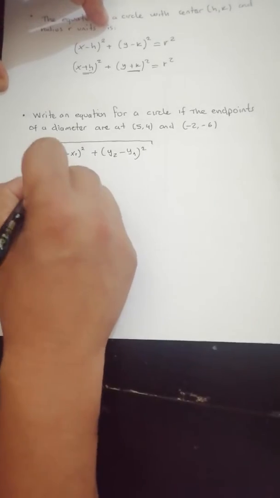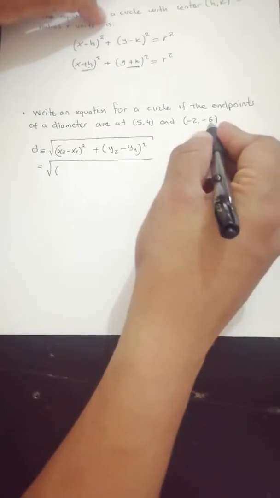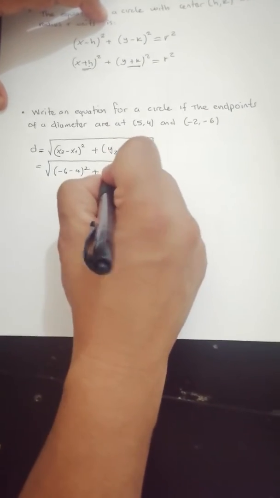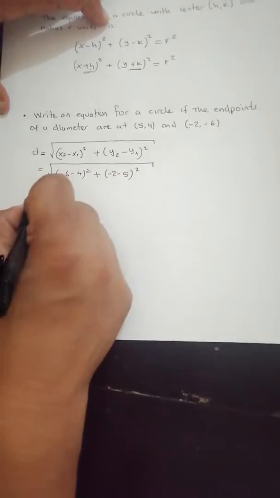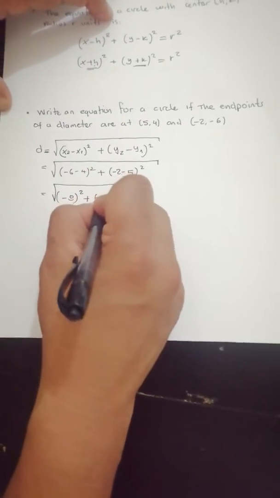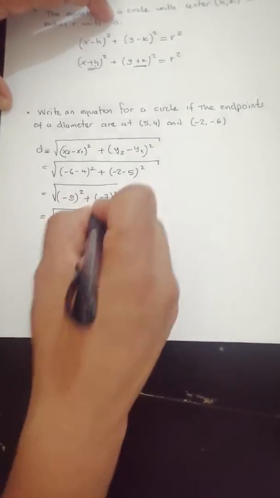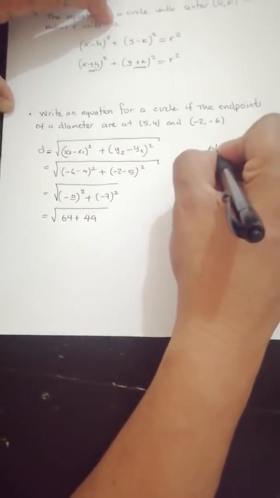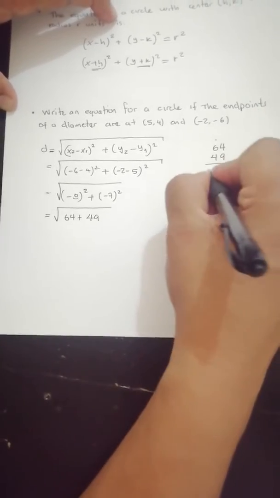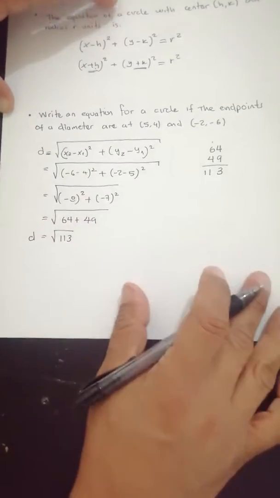If I replace the values of the points in this equation, I will have negative 2 minus 5 squared plus 6 minus 4 squared. So solving that, this will give negative 7 squared plus 2 squared, so 49 plus 4, which is 53. The diameter is the square root of 53.